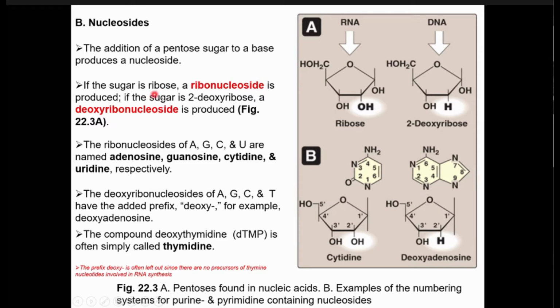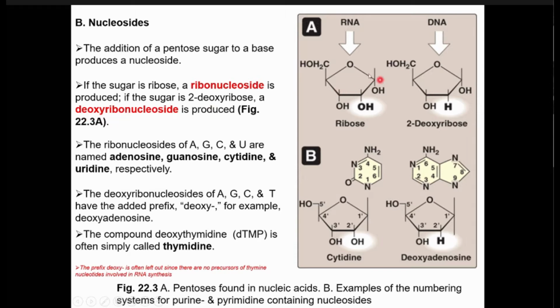So if the sugar is ribose, you call it a ribonucleoside. And if the sugar is deoxyribose, you call it deoxyribonucleoside. So if I tell you what is ribonucleoside, you say this is a sugar plus a base, and it is in the RNA because it's a ribo. And the deoxyribonucleoside, this is in the DNA because it has deoxyribose sugar.